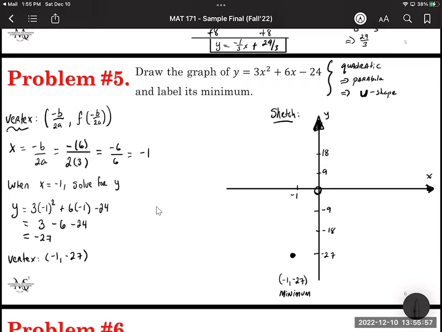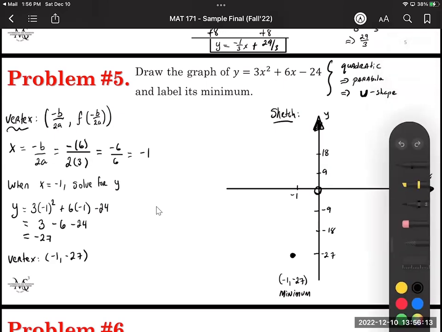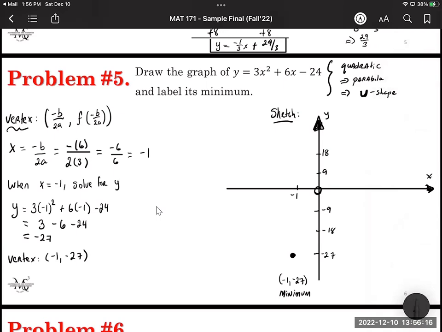It's going to open up. And if the parabola opens up, does it cross the x-axis? Yes, it does. That means the zeros are real. So in addition to plotting the minimum, sometimes you also can plot the intercepts, namely the x-intercepts.